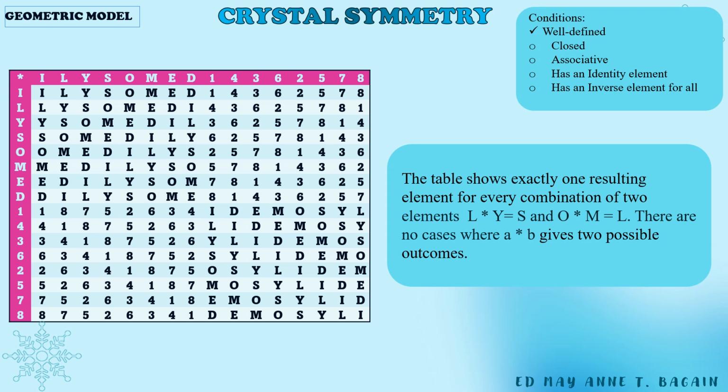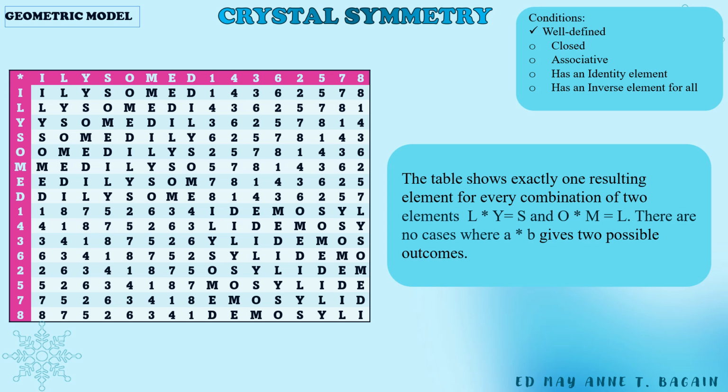First, is it well defined? The table shows exactly one resulting element for every combination of 2 elements. For example, L star Y gives S, and O star M gives L. There are no cases where A star B gives 2 possible outcomes.